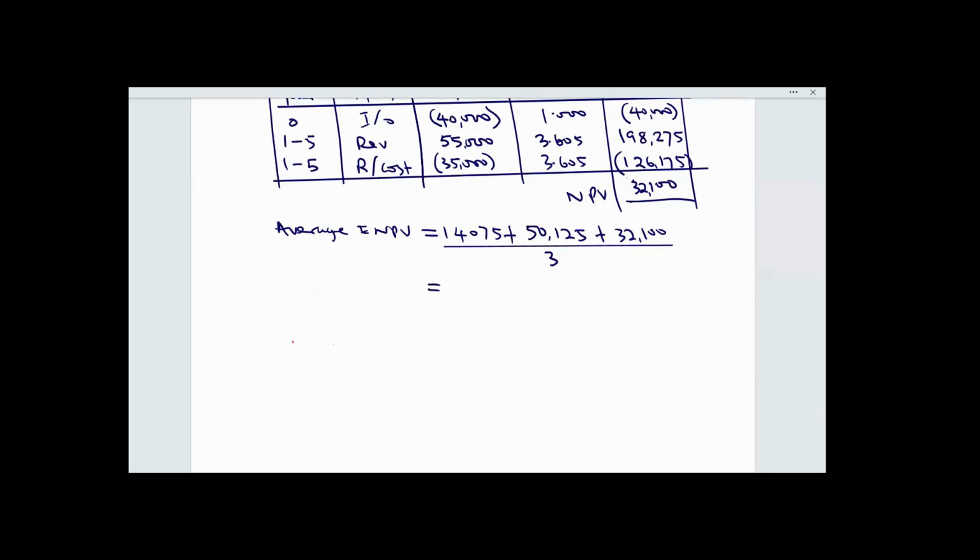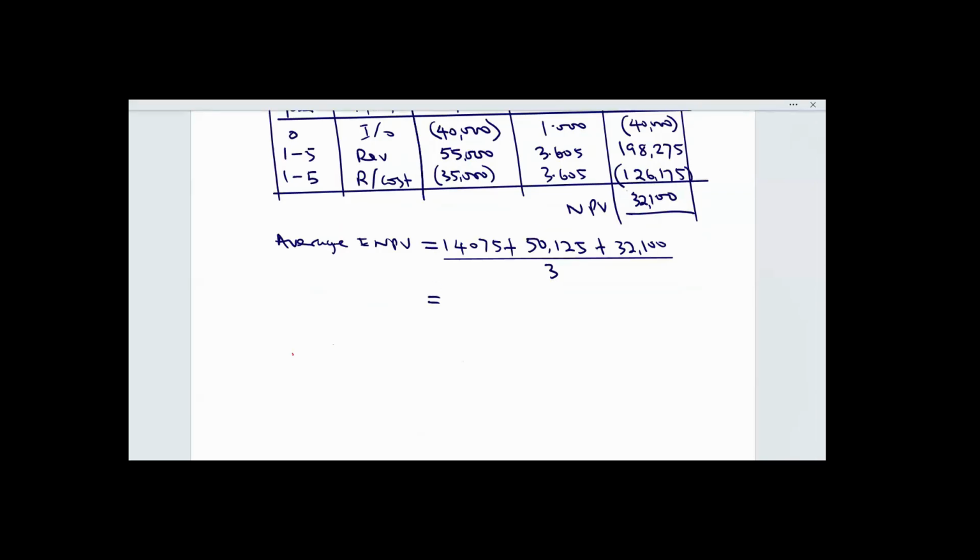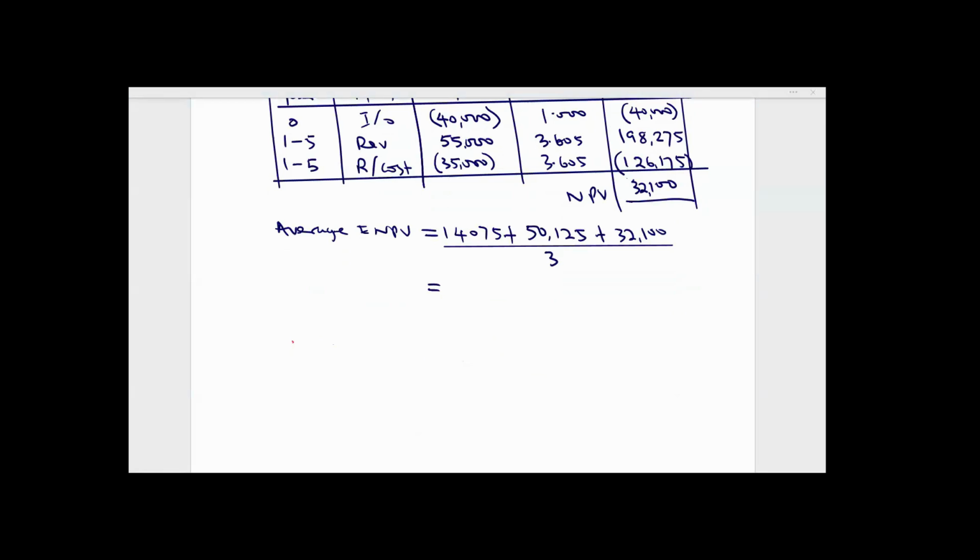So when you add up, you have 32,100 plus 50,125 plus 14,075 equal 96,300 divided by 3.